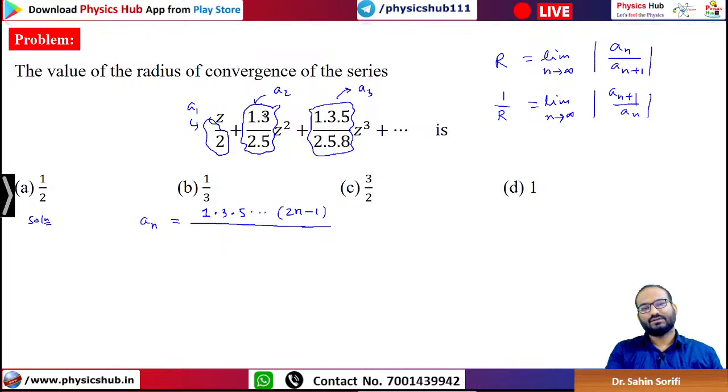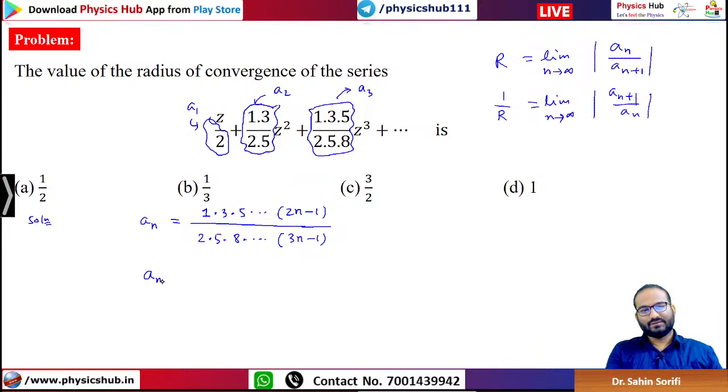For n equals 2, 2 into 2 minus 1, and in the denominator you can write 2 5 8, and so on. Here 3n minus 1 if you write, so 3 into 3 minus 1 is 8, 3 into 2 minus 1 is 5, so this is matching, no?